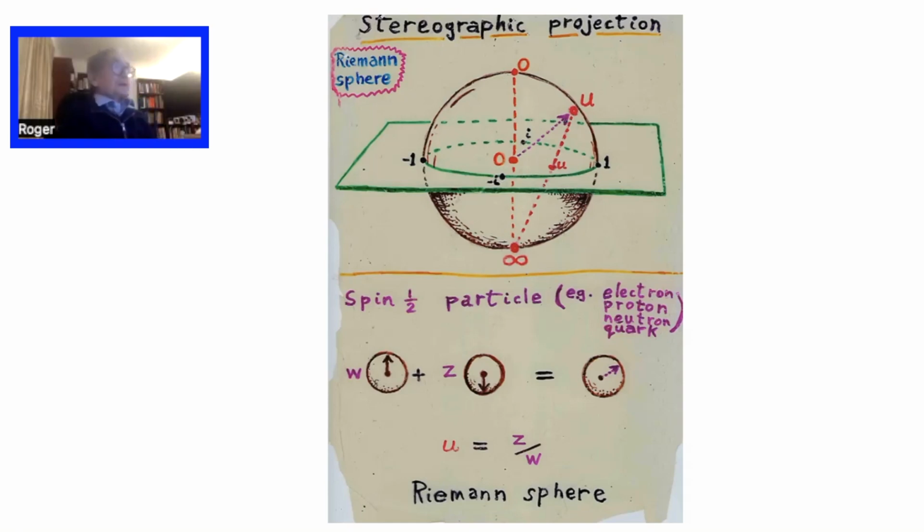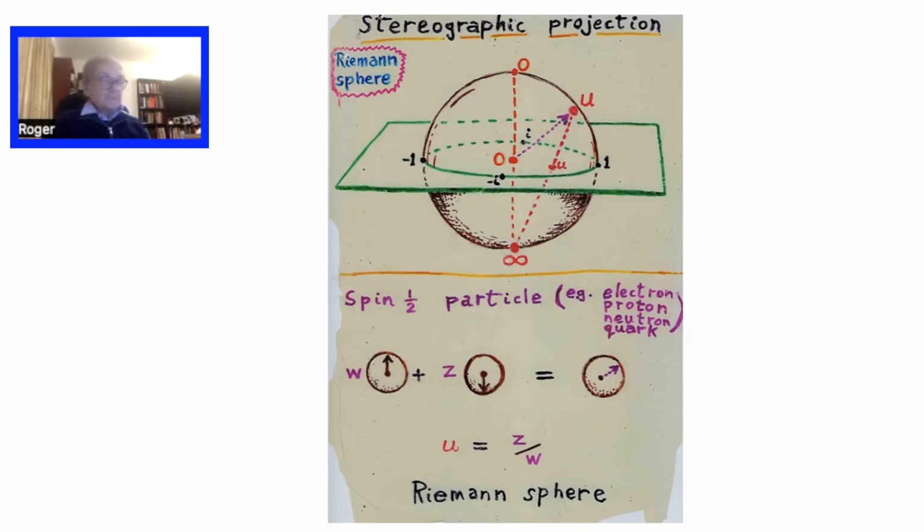For some reason, you do some experiment and you could know that the spin axis should be pointing in the direction out to the point U. And that gives the direction of spin an element of quantum reality. Now, it's not an element of classical reality, and I want to distinguish between these notions.